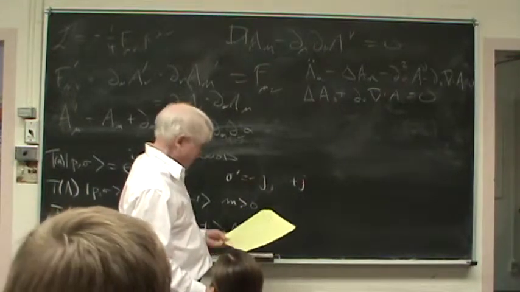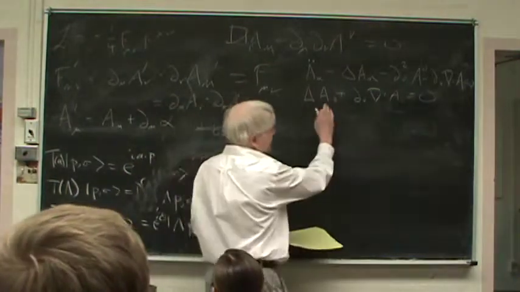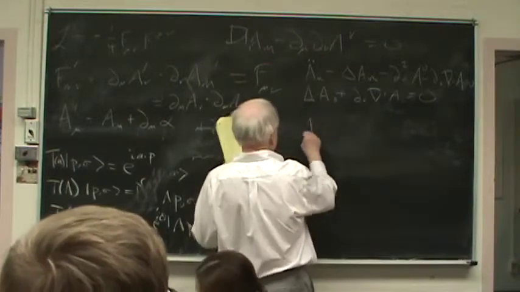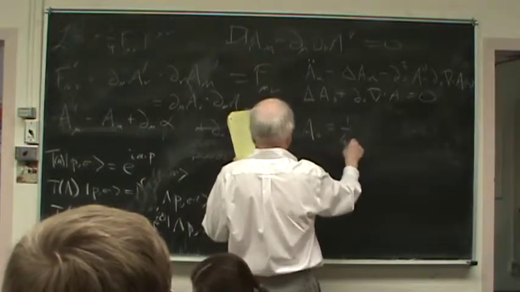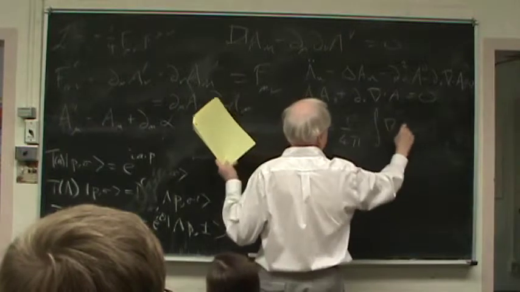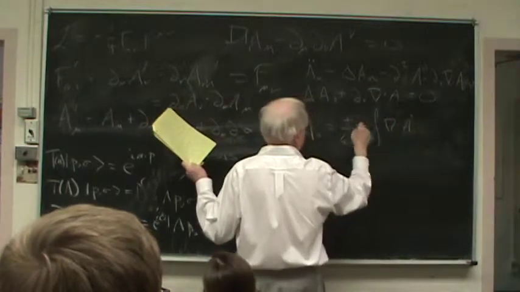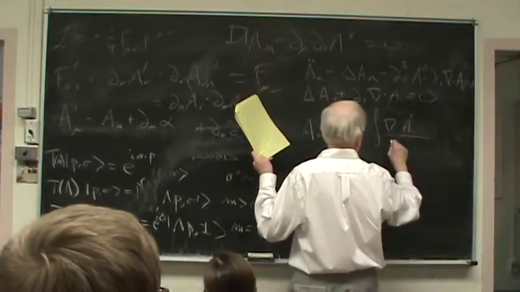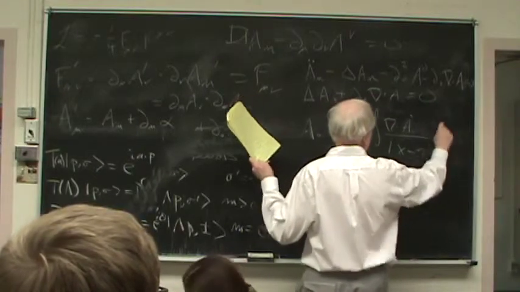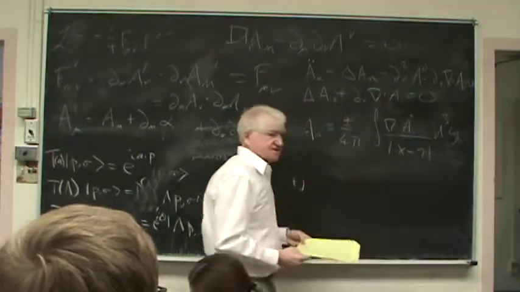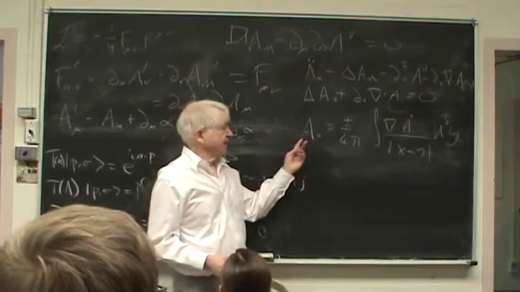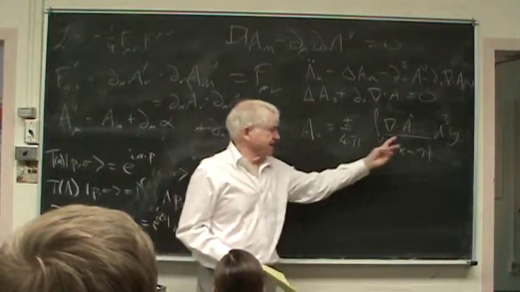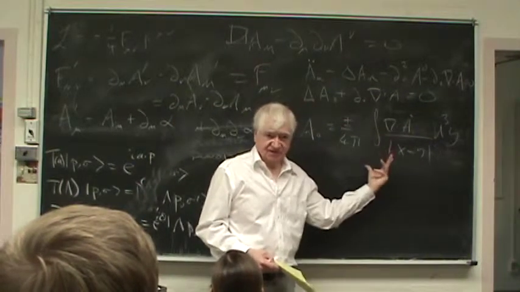Now, anyway, this is Gauss's law, and of course you can solve this sort of thing. You can solve for A_0, and it's just 1 over 4 pi an integral of del dot A dot, and I'll put a plus and minus here because I didn't work that out. In other words, it's clearly this, because when Laplacian hits 1 over x minus y, it gives a delta function.